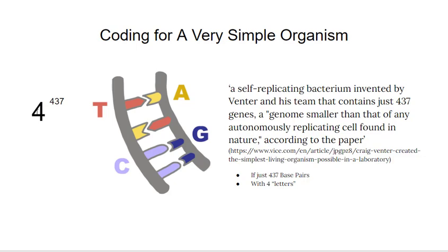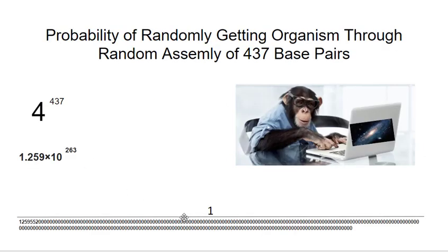That's the probability of just randomly selecting base pairs and getting this organism that functions. So this is what it looks like. Probability of randomly getting an organism through random assembly of 437 base pairs. That's 1 over 1, 2, 5, 9, followed by 263 zeros.